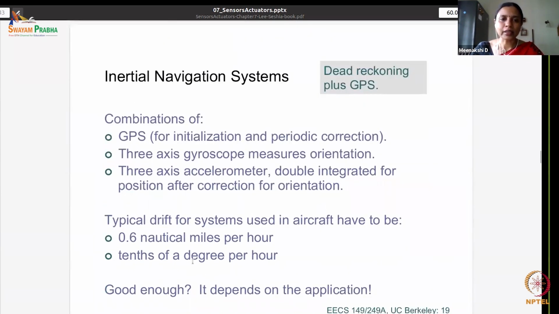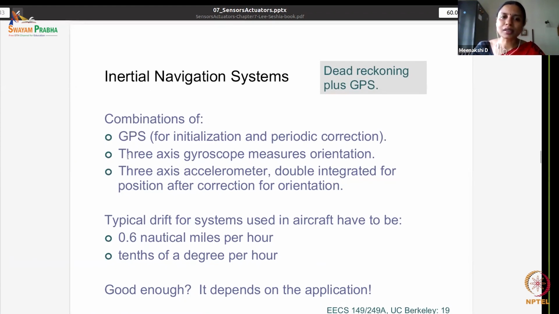INS stands for Inertial Navigation Systems, another popular combination of sensors that use Global Positioning Satellites, GPS satellites, which are now inevitable and famous. They are a combination of GPS sensors and, in addition to that, a 3-axis gyroscope for measuring orientation, and they also use an accelerometer for correction after the orientation.